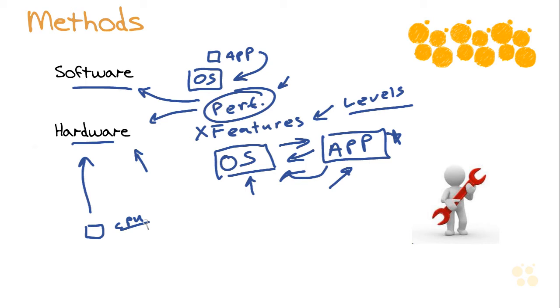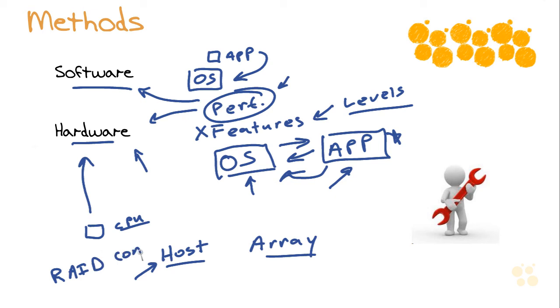But we have a decision when we go for hardware RAID, and that decision is, do we do it in the host or do we do it in the array? This is certainly going to be less expensive. You can go out and get what is called a RAID controller card, and you can insert it into a host for doing hardware RAID.